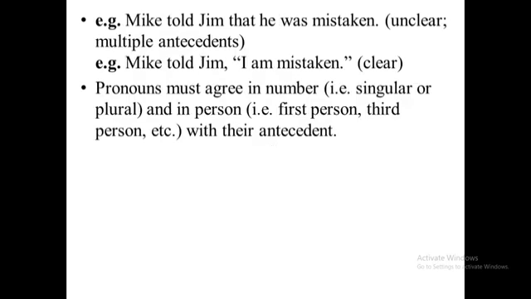Another example is here. Mike told Jim that he was mistaken. Now it is unclear, and multiple antecedents are being used. Now who was mistaken there, Mike or Jim?